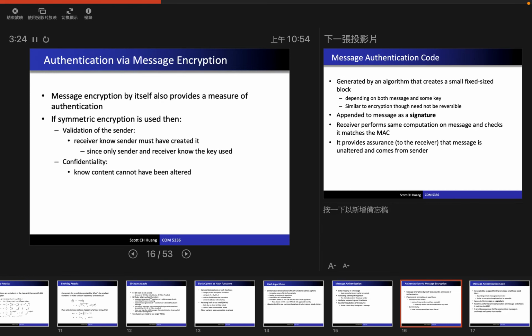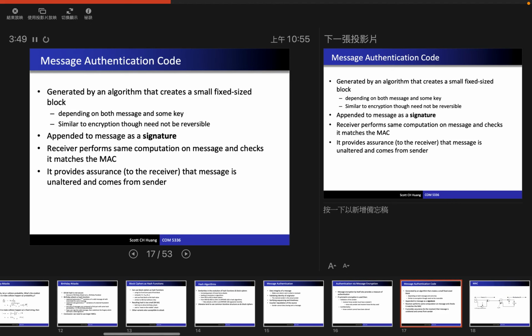So message authentication via message encryption can be used. Message encryption also provides a measure of authentication. You can use any symmetric encryption algorithm, AES, anything. That gives us validation of the sender and confidentiality as well. Even though the confidentiality is not absolutely needed, we can still achieve that.